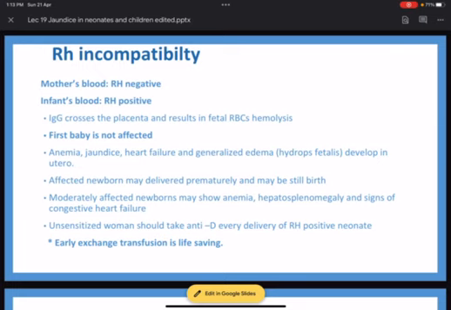That's why, if the mom is known to be RH negative, she should receive anti-D antibody on subsequent pregnancies.